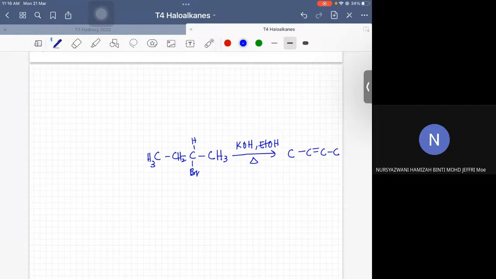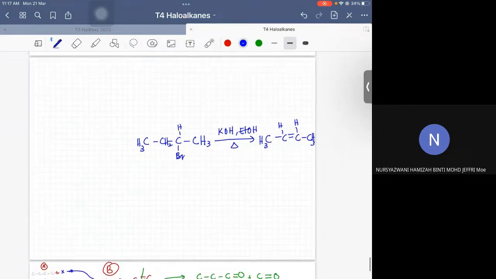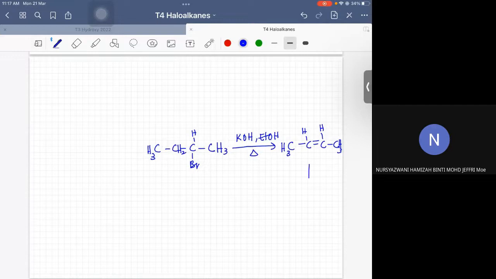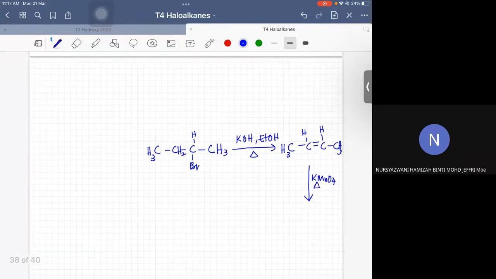Double bond here. Okay, next is alkene yang simetri tu akan undergo reaction with hot KMnO4 acidified kan. So you akan dapat 1, 2 double bond O, OH. Ni. Okay, so kita dah dapat structure A, structure B, kemudian structure C.